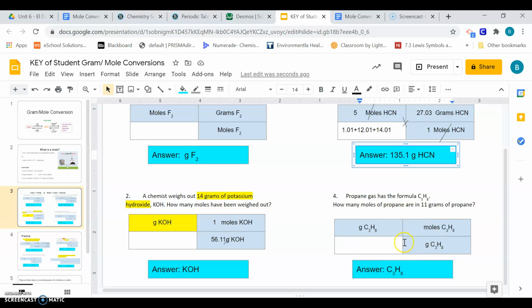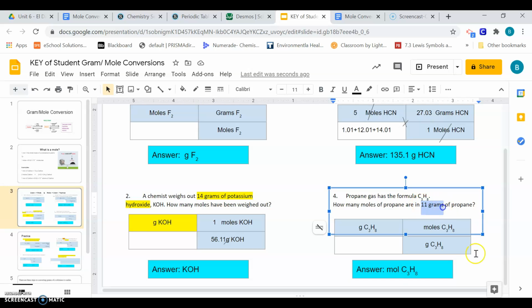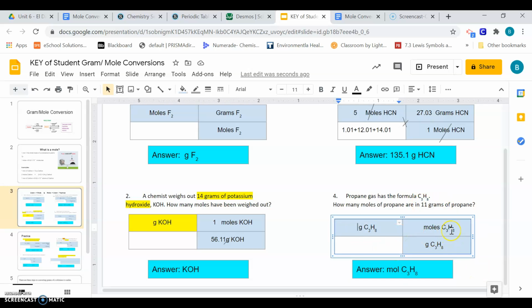On this bottom one here, we have going from grams to moles. So propane, C3H8, how many moles of propane are in 11 grams of propane? So when it says how many moles, we're trying to find moles of C3H8. Our given is 11 grams, so we're going to plug in 11 grams of propane in our first box.